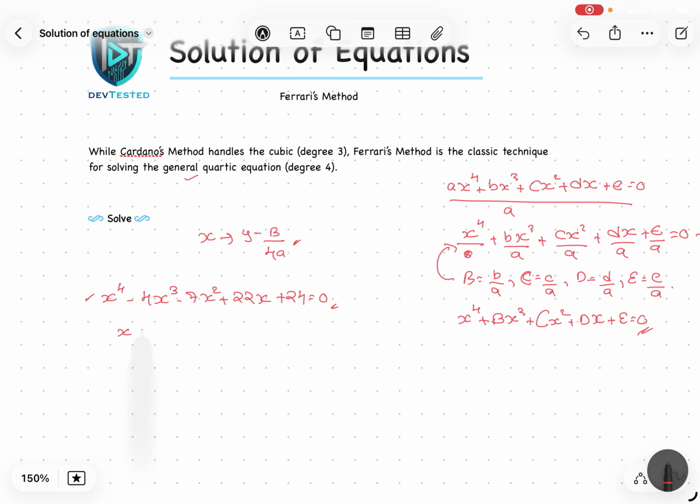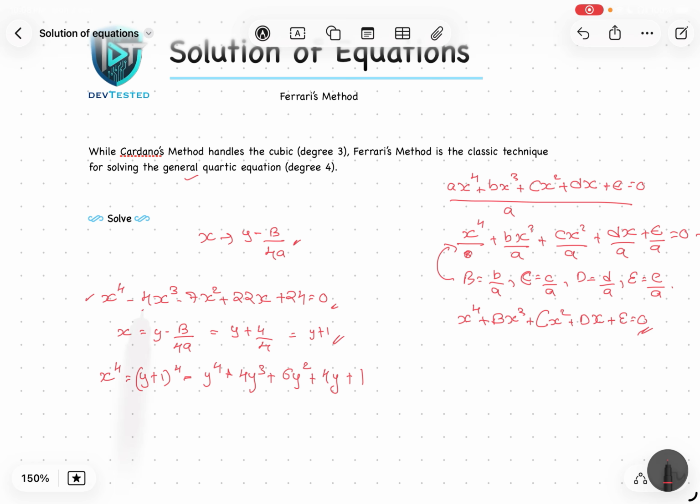For that, we'll be substituting x with y minus b by 4a, which is y plus 4 by 4, which is y plus 1. So our x^4 would be (y+1)^4, that is equal to y^4 + 4y^3 + 6y^2 + 4y + 1.